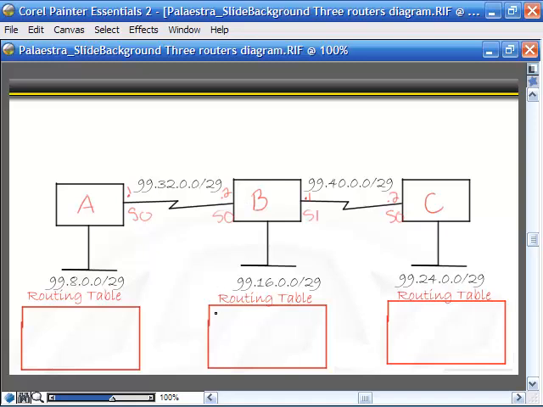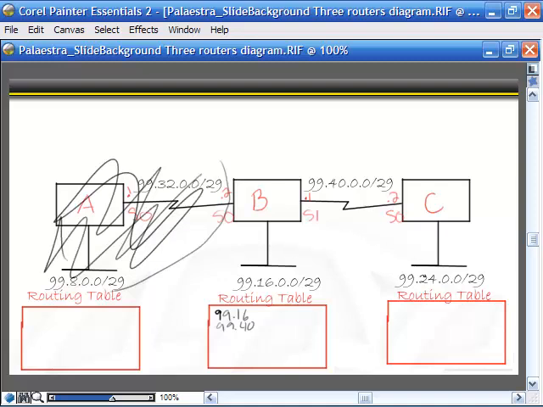I have cleaned up this slide so we can start talking about routing loops and loop avoidance. I'm just going to use routers B and C for this. So let's take a look at router B's routing table. His routing table is going to have 99.16, 99.40. Just pretend that this does not exist over here.